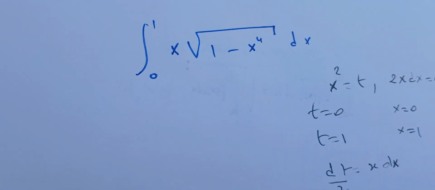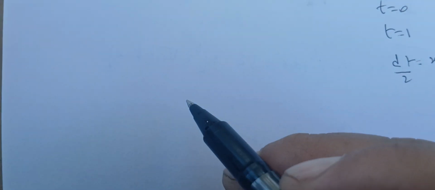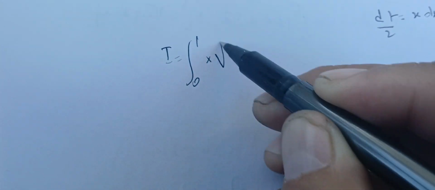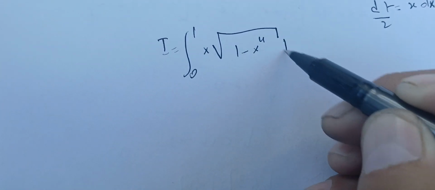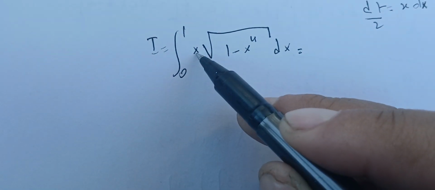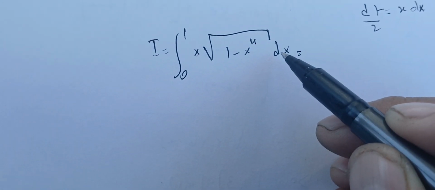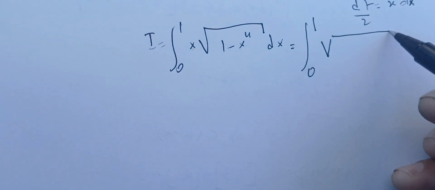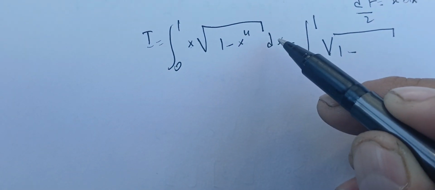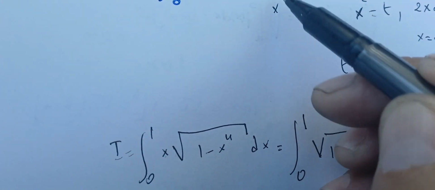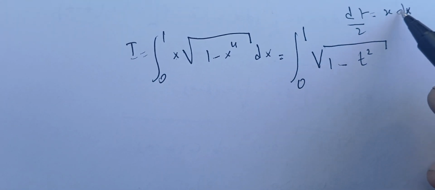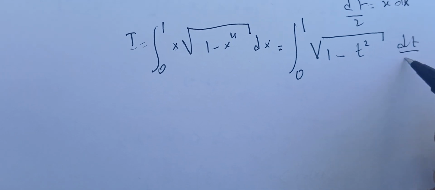Now we can go back and change our integral. Let's call it I. So the integral between 0 and 1 of x times the square root of 1 minus x to the power 4 dx. We're going to use x dx as dt over 2. The bounds are the same. Here we're going to have the square root of 1 minus, and x to the power 4 is just t squared, so minus t squared, and we have x dx as dt over 2.